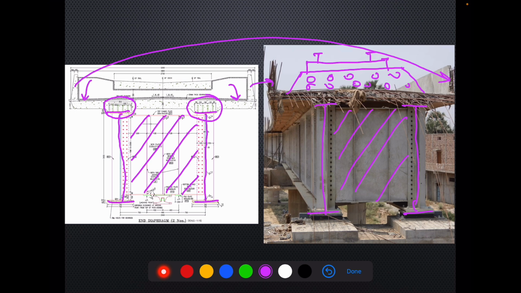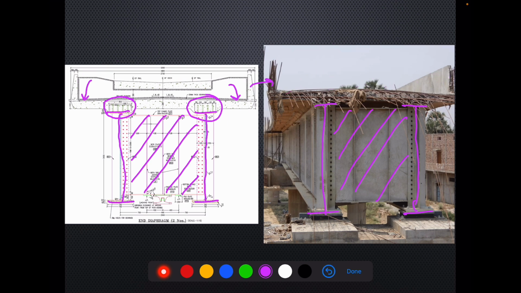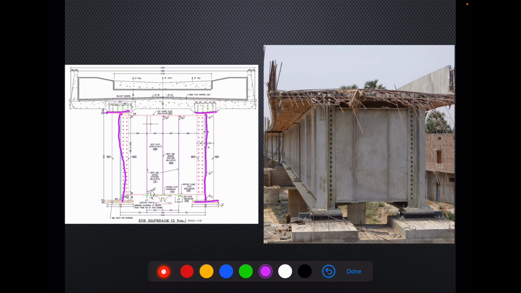In this diagram also, you can see from the top that we have this sleeper like this. This is the center line of the rail. So here the rail will come. And this is typical stone ballast. Then this is the deck slab. This is the haunch.